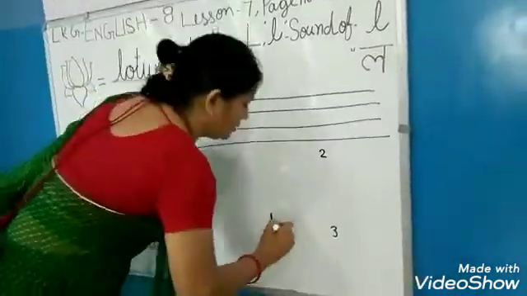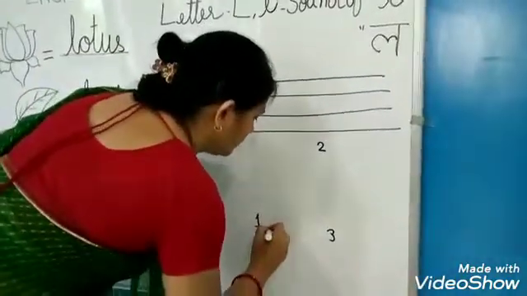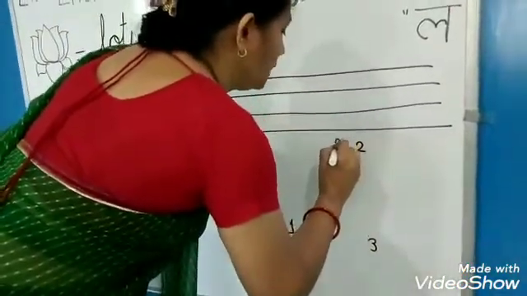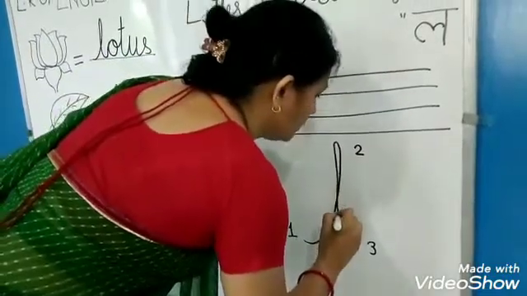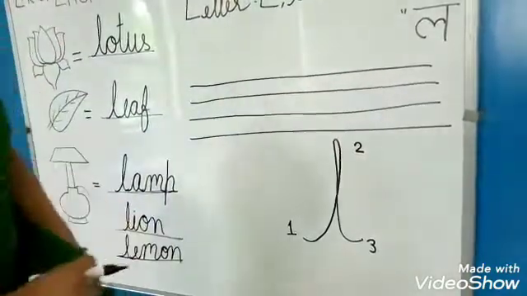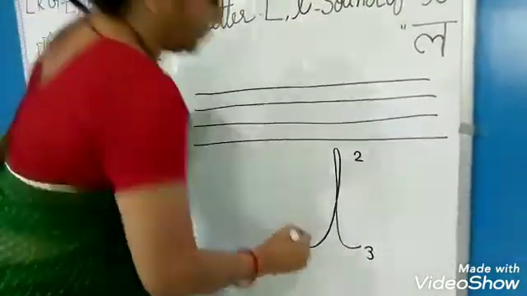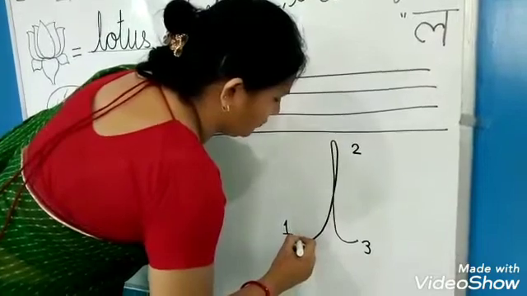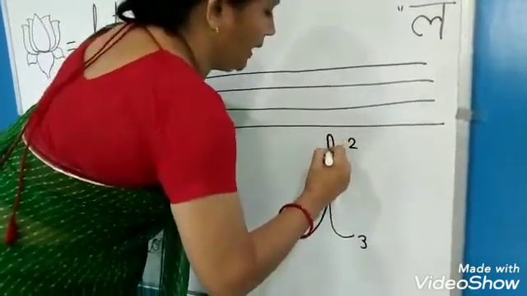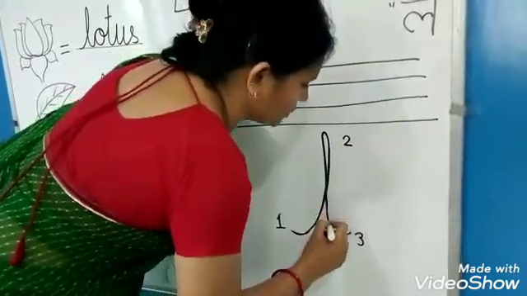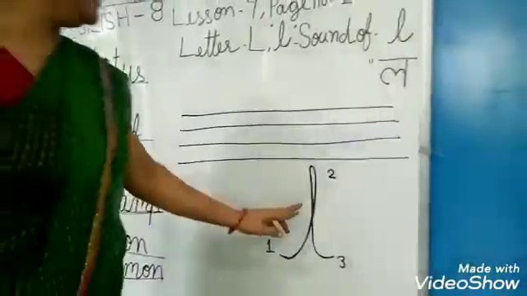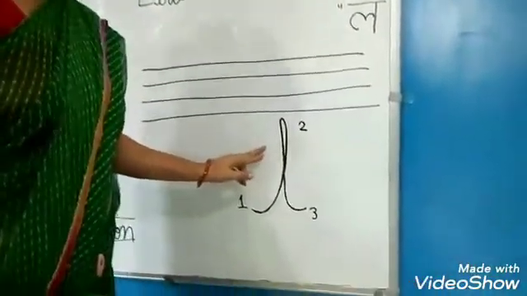So we will go number 1 to number 2 and go number 3. Children, look here. Number 1 to go number 2 and go number 2 to number 3. So make this letter small l.